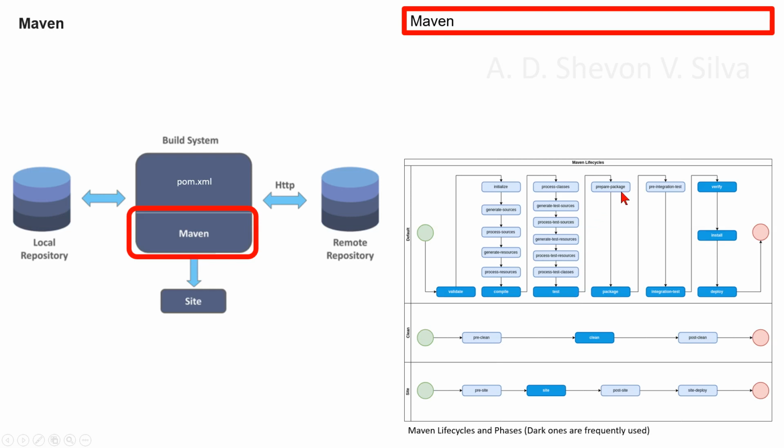Prepare package: perform any operations necessary to prepare a package before the actual packaging. This often results in an unpacked processed version of the package. Package: take the compiled code and package it in its distributable format such as a jar.